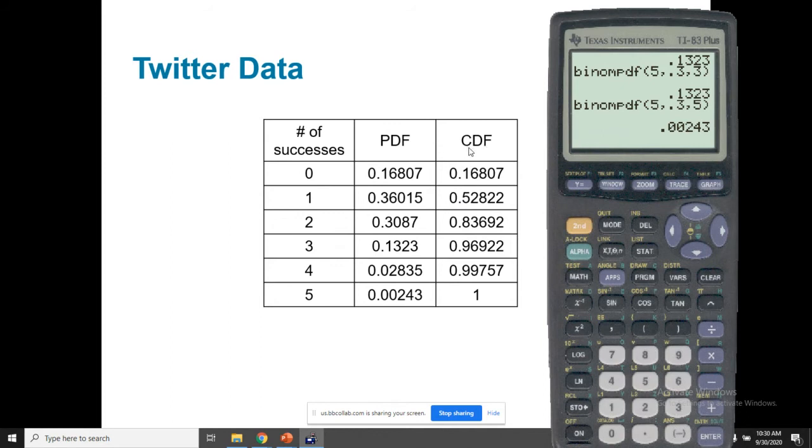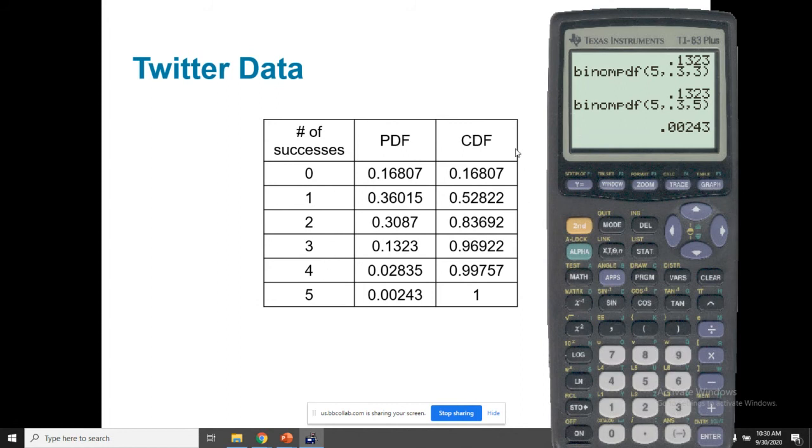The cumulative CDF for 2 would be the PDF of 0, 1, and 2 added together. So if I were to add all 3 of these probabilities together, I would get the CDF. So CDF means cumulative. It adds down, or it adds the area to the left.